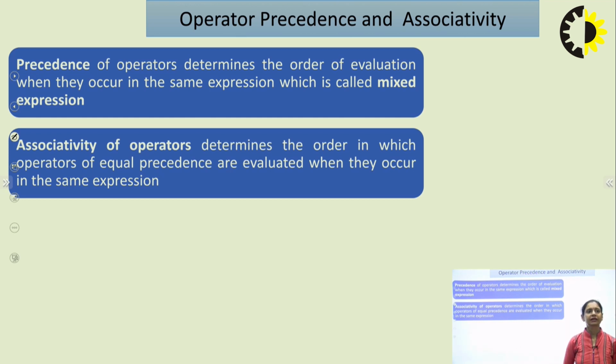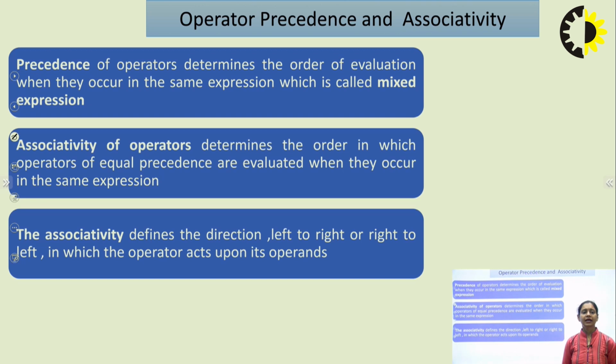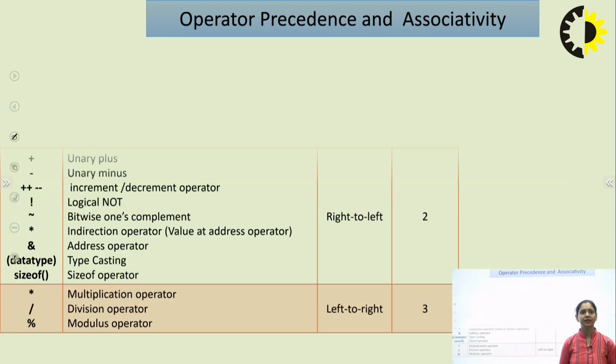Associativity of operator determines the order in which operators of equal precedence are evaluated when they occur in the same expression. The associativity defines the direction, that is, it could be either left to right or right to left, in which the operators act upon the operands.